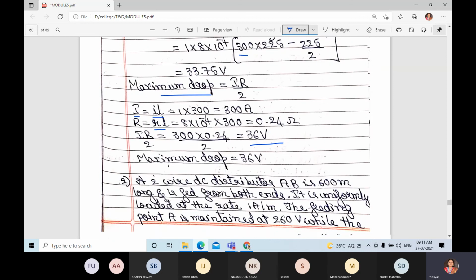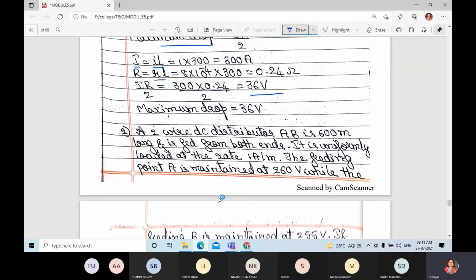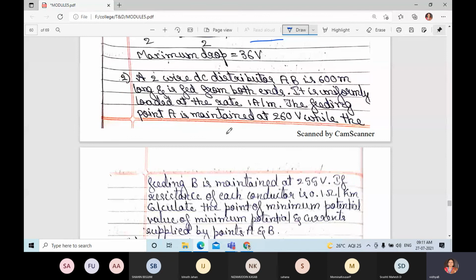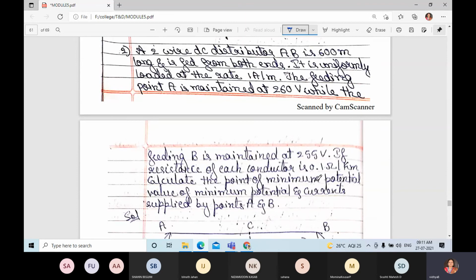Next problem. A DC distributor AB is 600 meter long and it is fed from both ends. Until now we have discussed only feeding at one end. It is uniformly loaded with 1 amp per meter. The feeding point A is maintained at 260 volts, while the feeding point B is maintained at 255 volts.